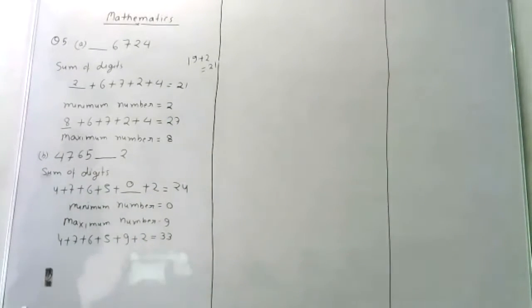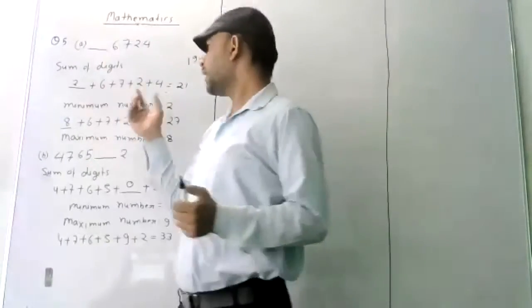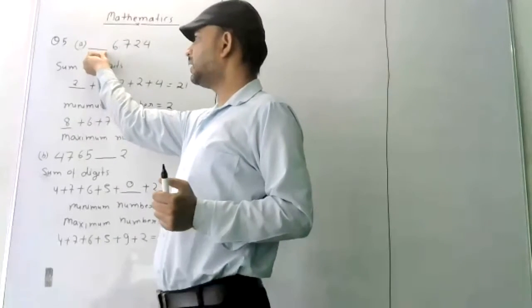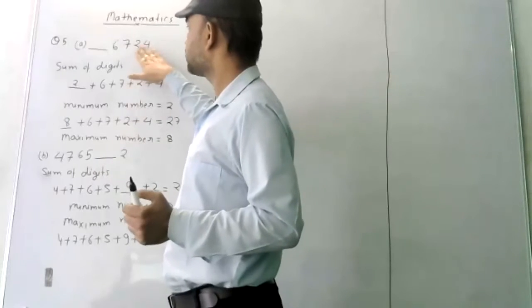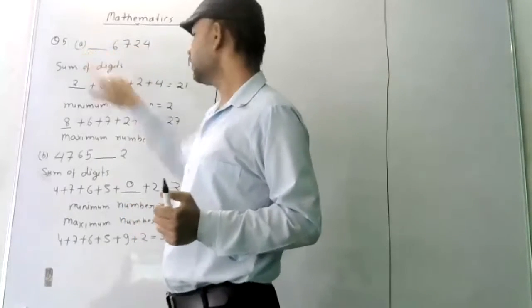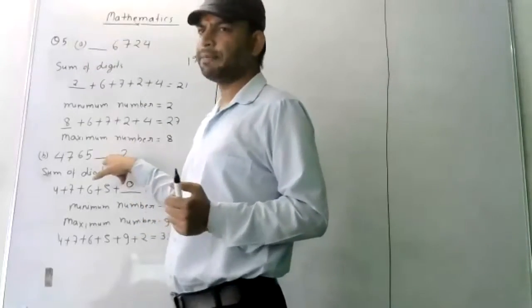Now students, listen here. This is the first question. Here is the number, and the first digit is a blank place, and the second digit is a blank place. In this question, the second place is blank.